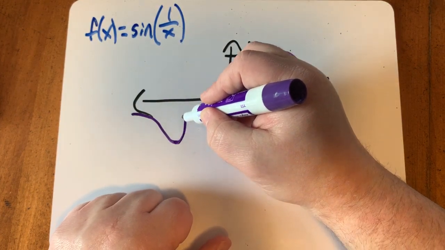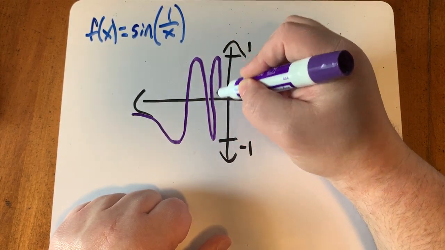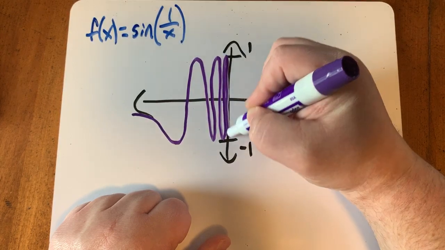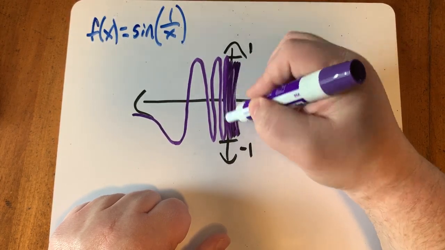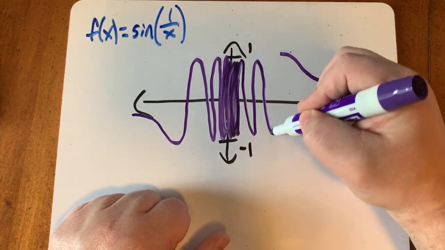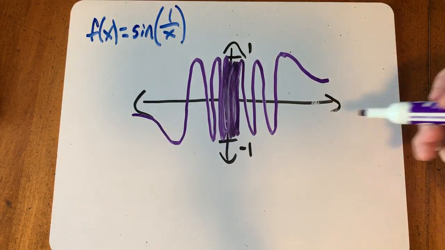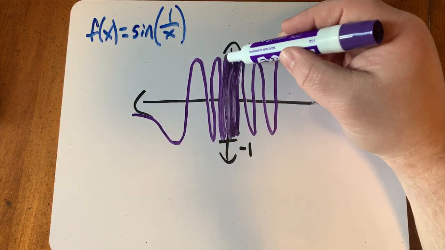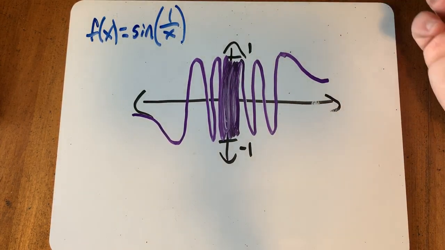So it's going, and that's even narrower. And then it's even narrower. And then it's just so narrow. It basically is like a solid block inside here. And it gets wider as you go out again. It's just constantly oscillating between 1 and -1.